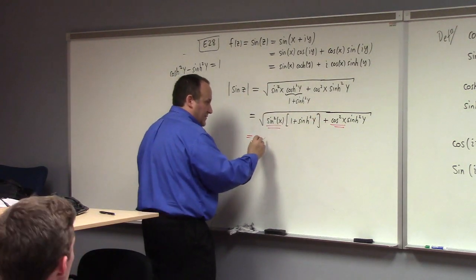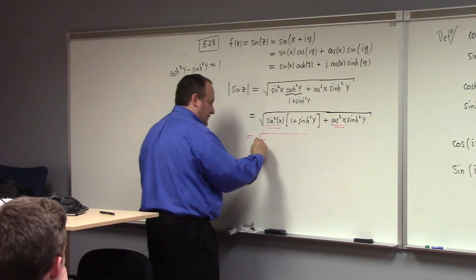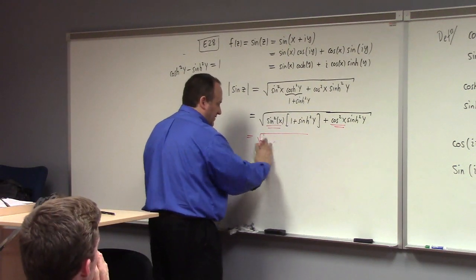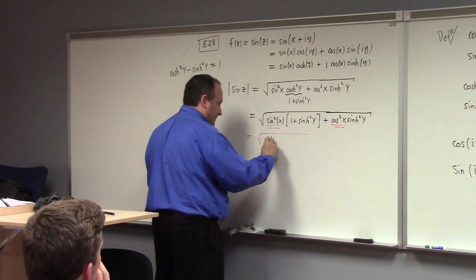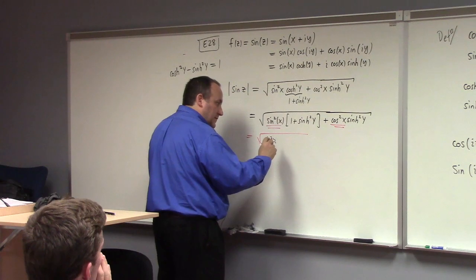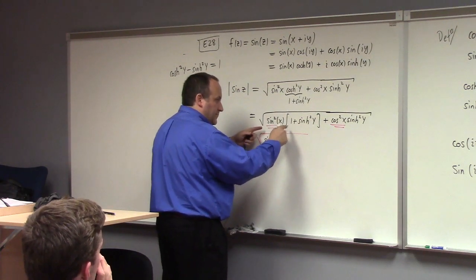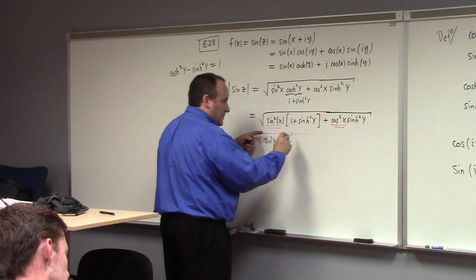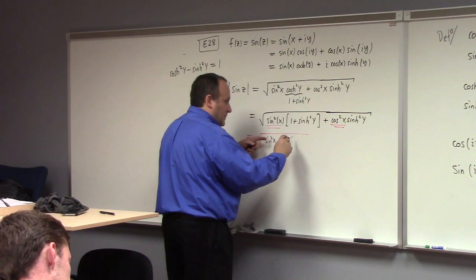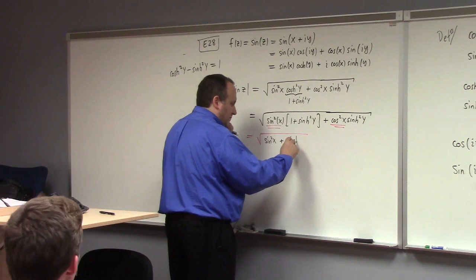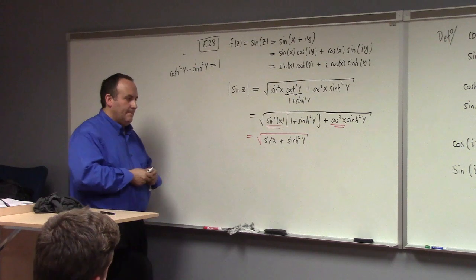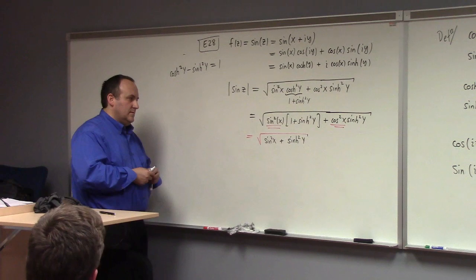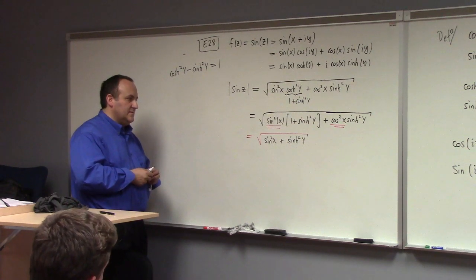And we just get the square root of sine squared x plus sinh squared y. Is that right? I think that's right. I'm just tired enough not to believe myself.